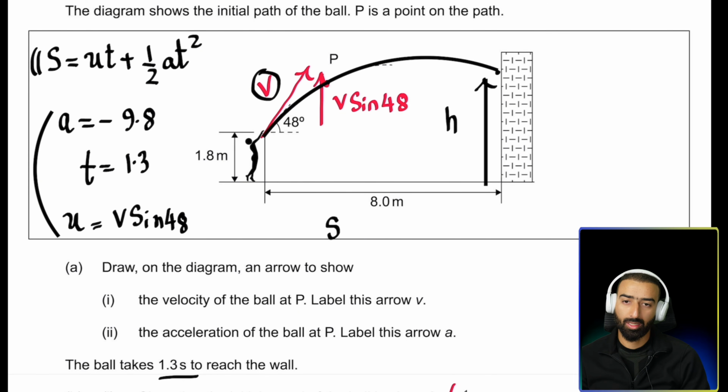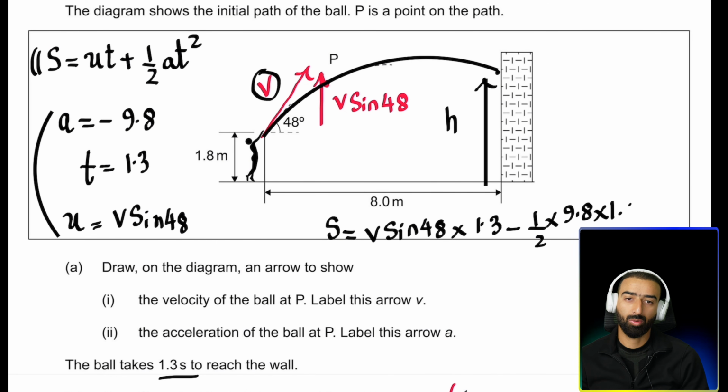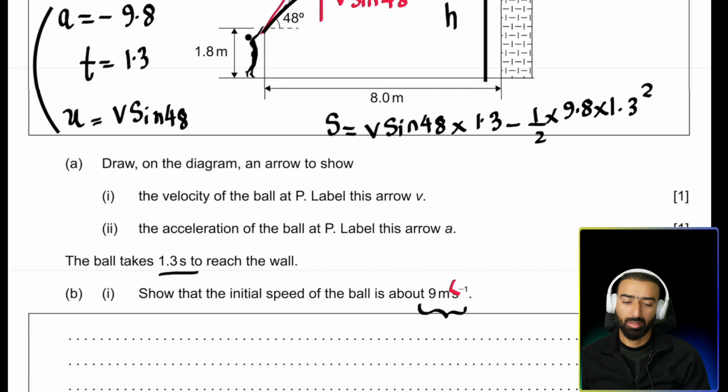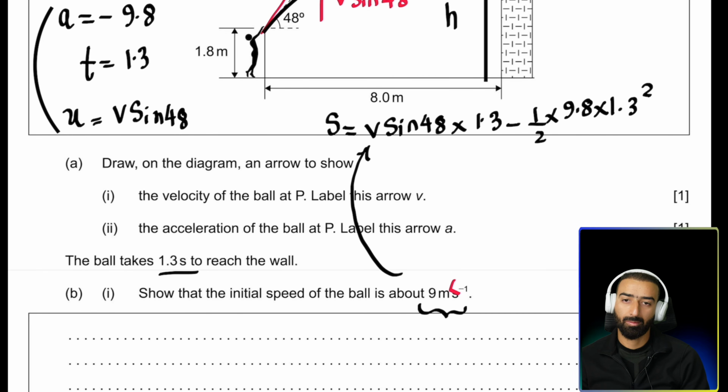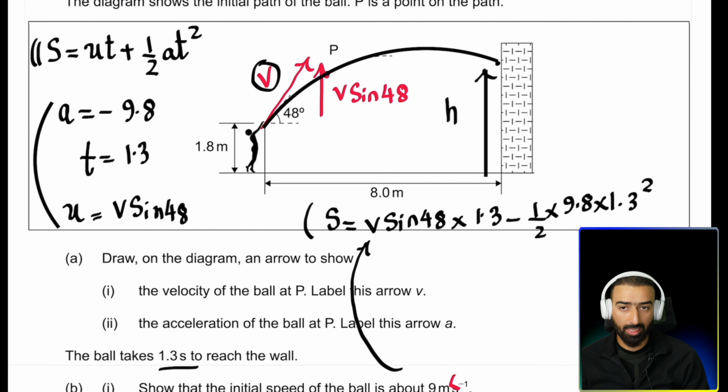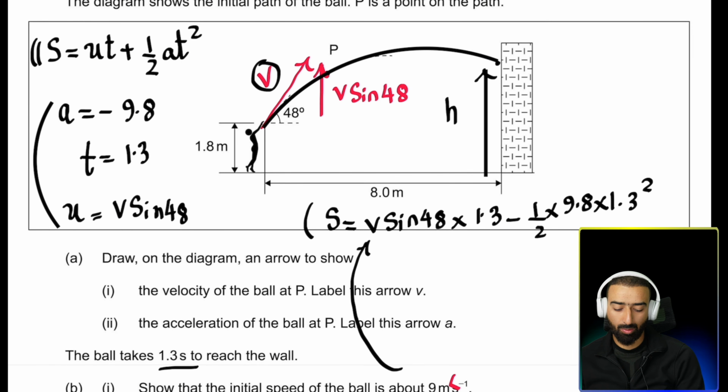So we should write S equals v sine 48 times time, which is 1.3, minus half times 9.8 times 1.3 square. The value for v we're going to use is what we found out in the previous part of the problem, so we should substitute that here. Mind you, when we find the value of s, this gives the displacement from this point.